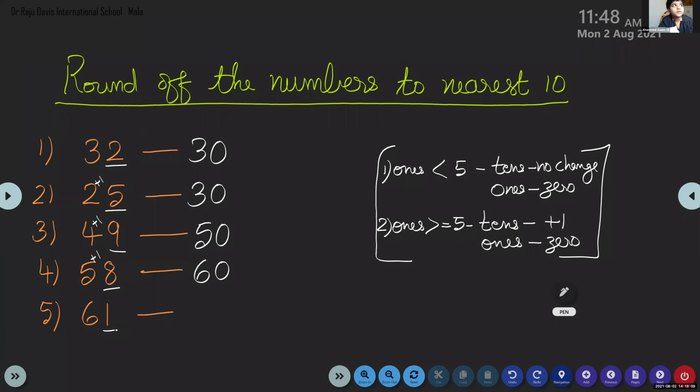The ones place is 1, less than 5. So first rule is to be followed. The ones place 1 is less than 5, so no changes in the tens place and the ones place will be 0. 61 is closer to 60.